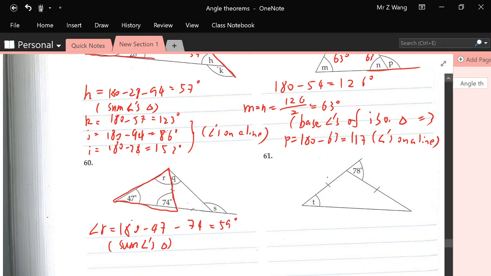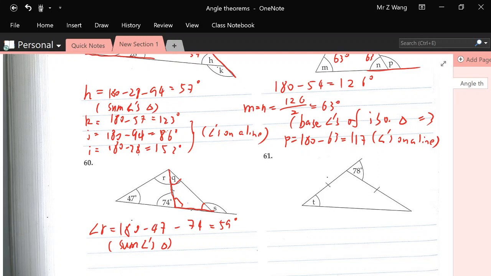Now, after we figure out the R, we can then focus on this isosceles triangle. Now, where are the base angles? The base angles are this and this. Now, to figure these out, you must know this, right?